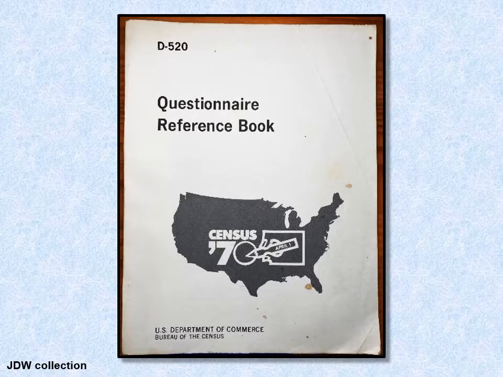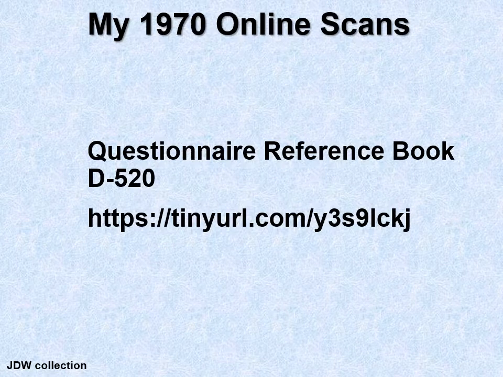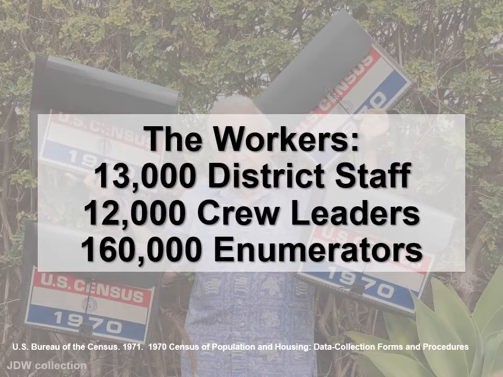The questions are all in this questionnaire reference book, and I think every enumerator got a copy of this. And as you see, it's a blue background of the slide, so that means that this questionnaire reference book I've scanned and I put it online. And most of what I've scanned is not available any other place. So grab them now, especially this one. Let's turn our attention to the people who actually ran the census, at least the ones who were in the field.